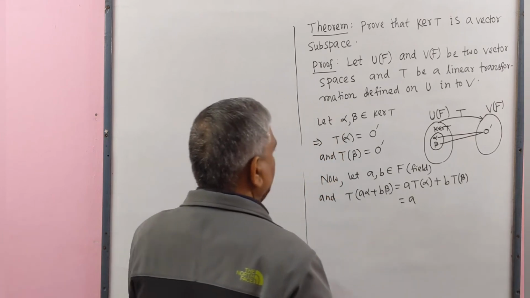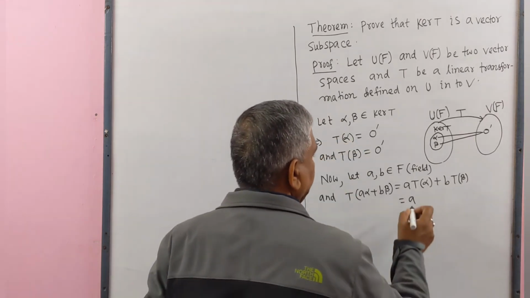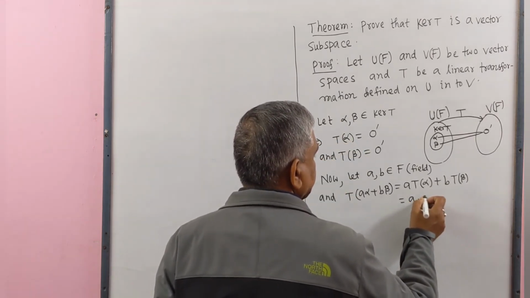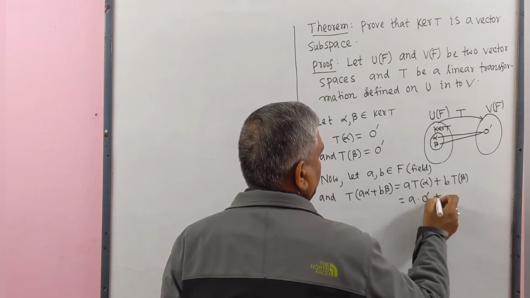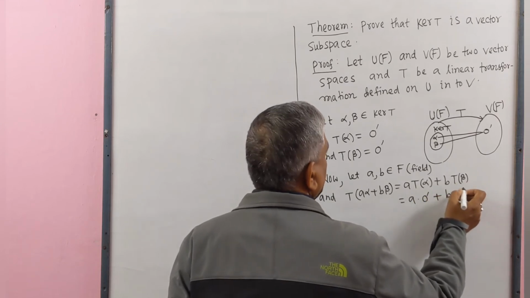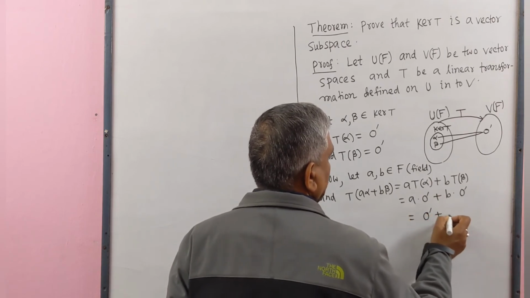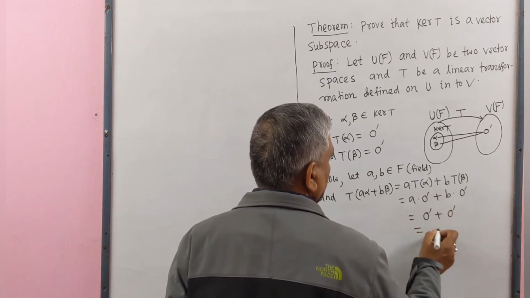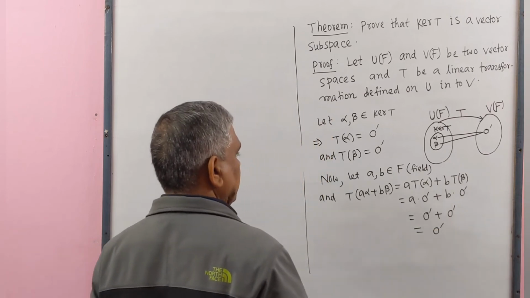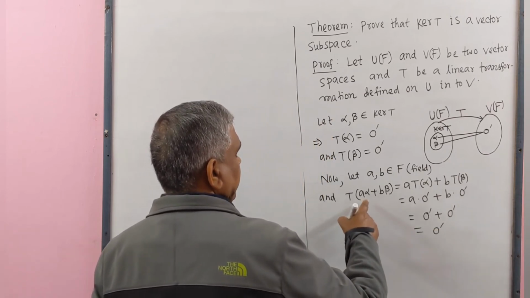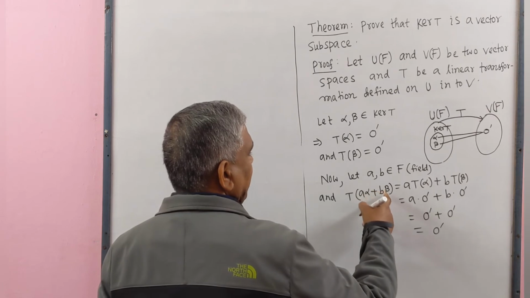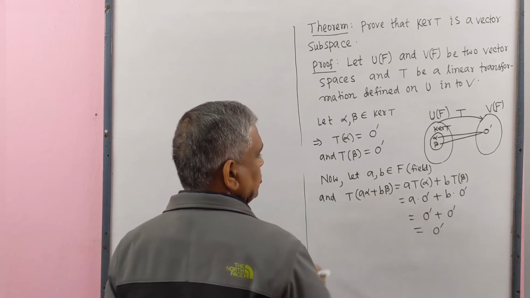Here T alpha is 0 prime, plus b T beta is 0 prime, meaning 0 prime plus 0 prime equals 0 prime. Therefore, the image of a alpha plus b beta is 0 prime.